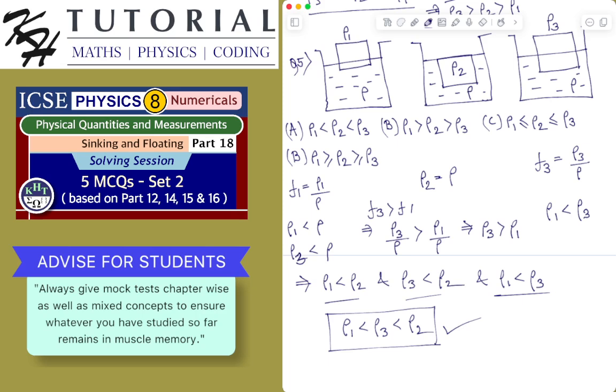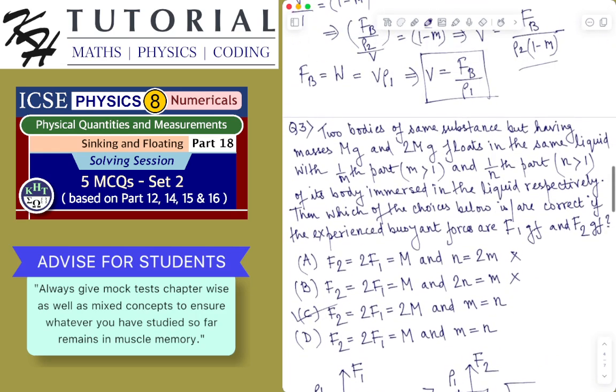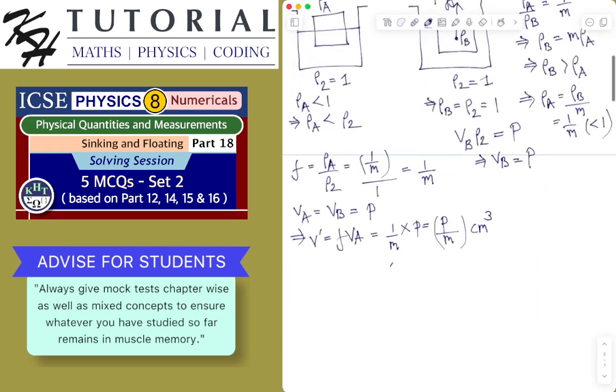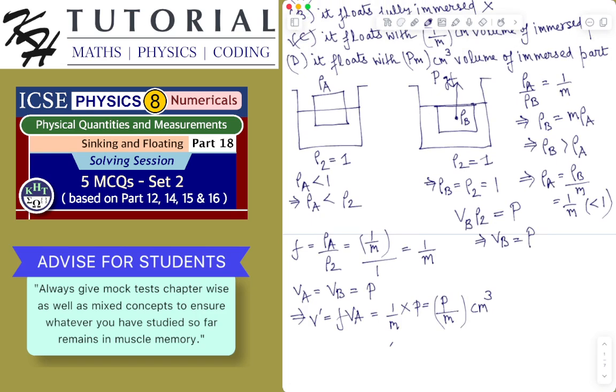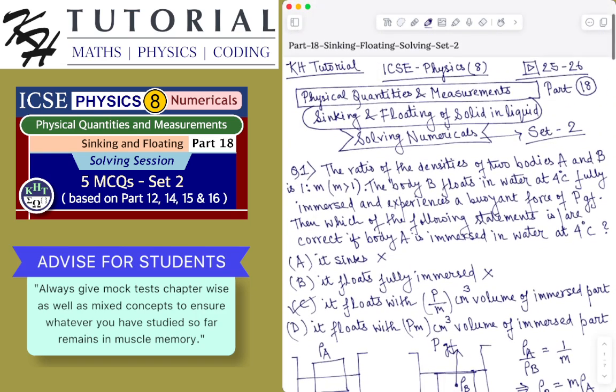So with this, it brings to an end solving another 5 multiple choice questions on the topic of sinking and floating of a solid in a liquid. I think there is no other topic left from this chapter of physical quantities and measurements.